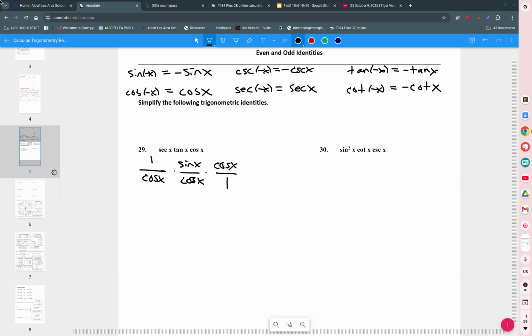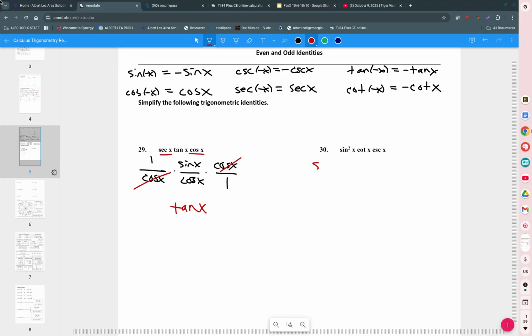And if we see that, what do we notice happens? The cosines do cancel, leaving you with just the sine over cosine, right? And actually, from the beginning, I could have seen that secant and cosine are reciprocals, and therefore they will cancel, right? So this answer is just tangent of x.